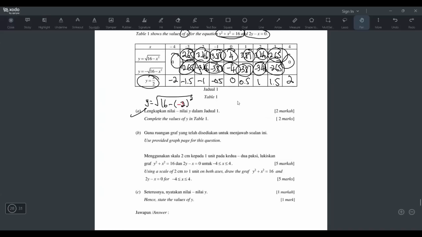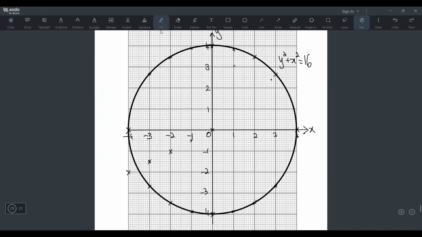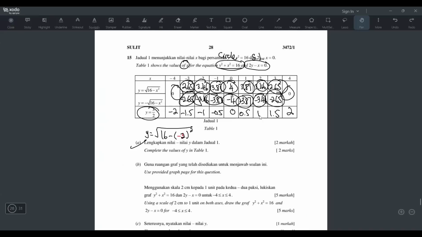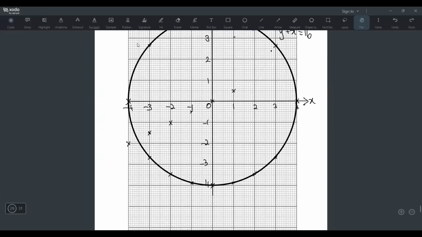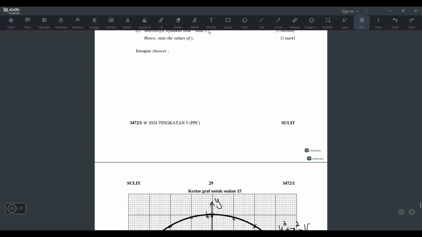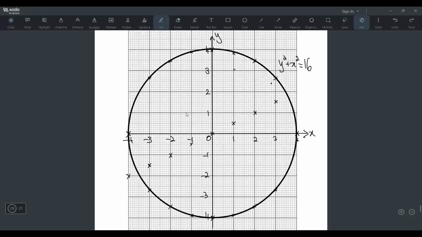The other side will be 1, 0.5. Here. Next, 2, 1 and 3, 1.5. So 2, 1 is here. 3, 1.5 is here, in the middle. The last one, 4, 2. This one.